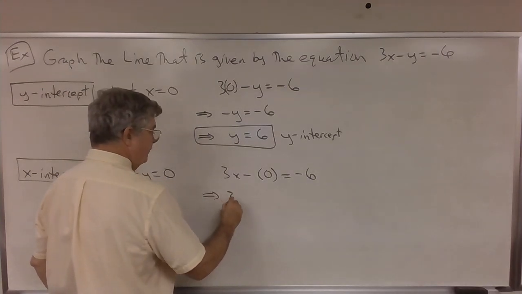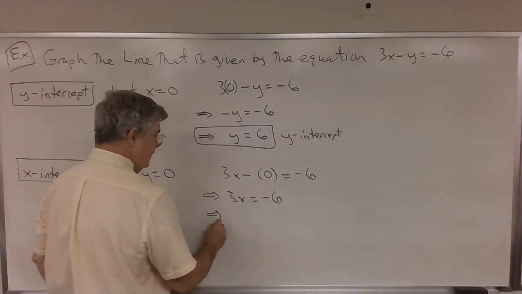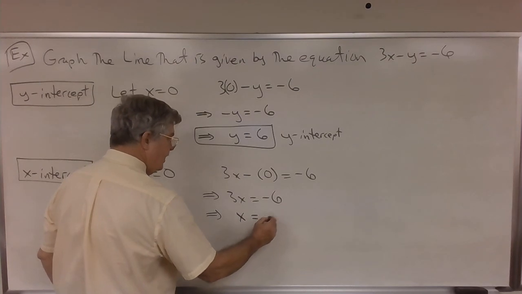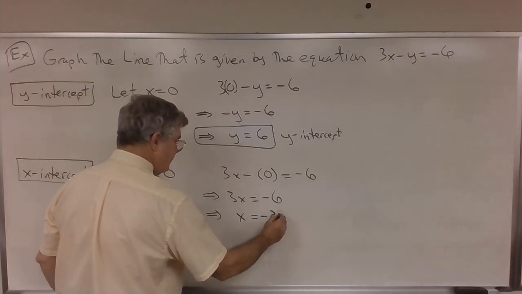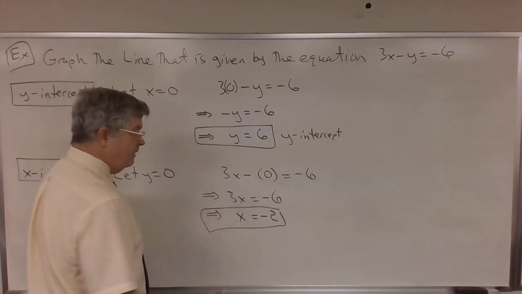So that gives us 3x equals negative 6. And I divide both sides by 3, so that'll give me x equals negative 6 divided by 3, that's negative 2. Here's my x-intercept.